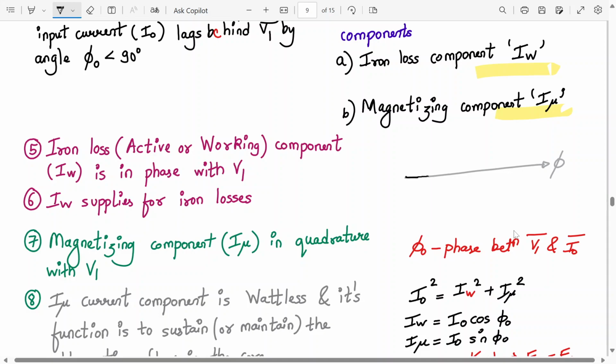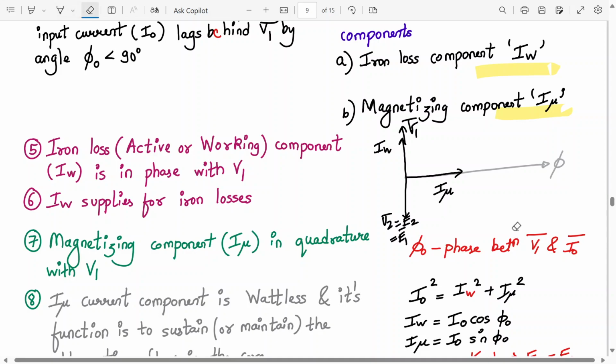Here we have I mu. Then 90 degrees apart we have IW. Your opposite. Here we have V1 dash. Here we have V2 dash, which is equal to E2, which is equal to E1.